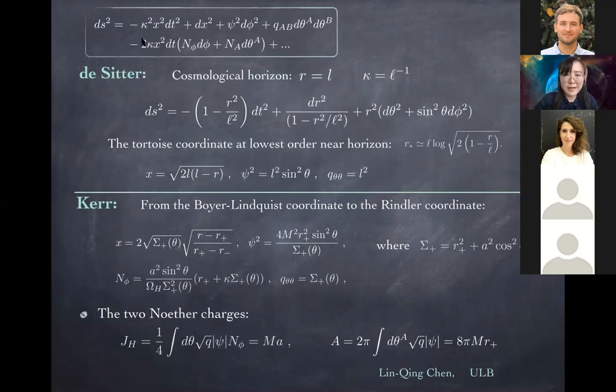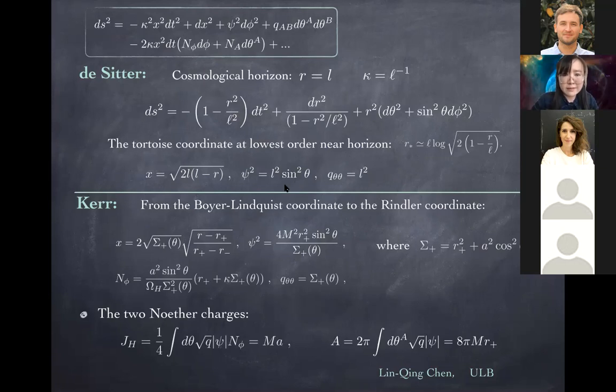So for every space-time, we can solve them out. x, the proper geodesic distance to the bifurcation surface, is time independent, and then n phi and n a will depend on theta, and as well psi squared, the norm squared of the rotational Killing vector, will be theta dependent.